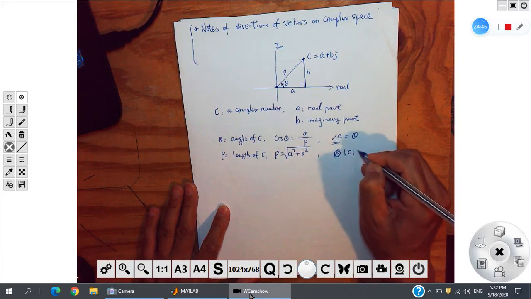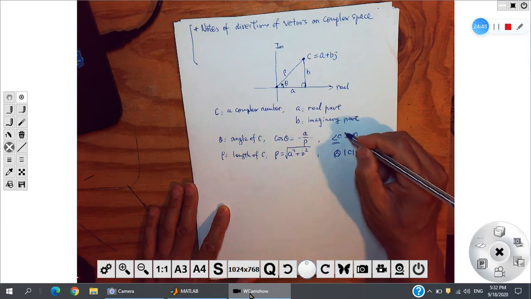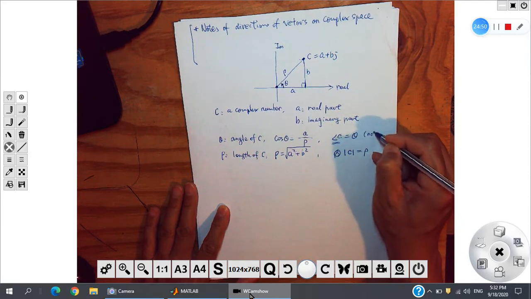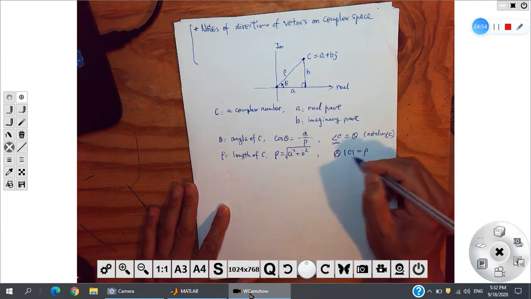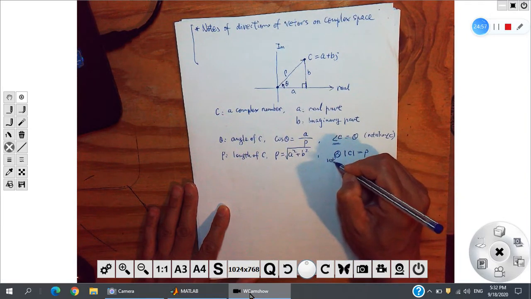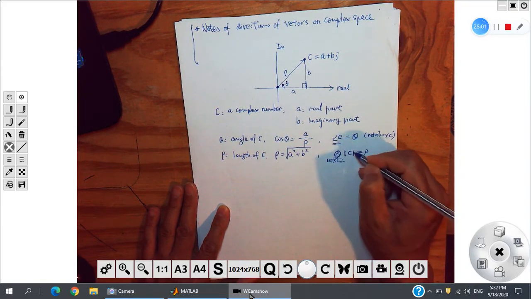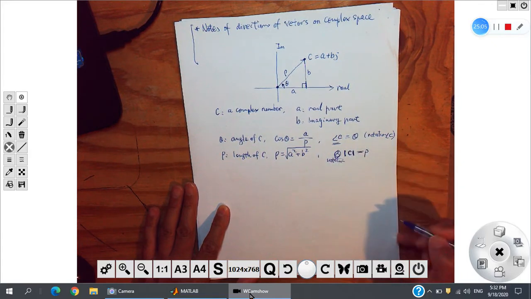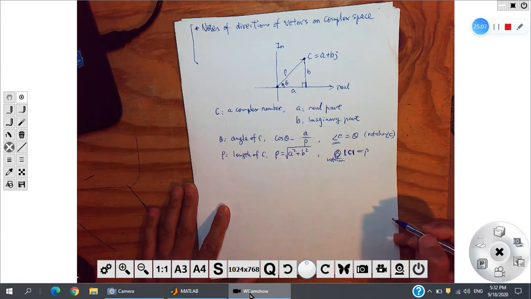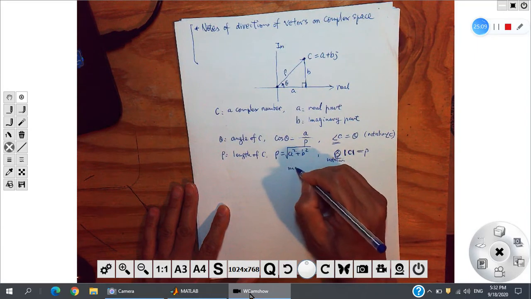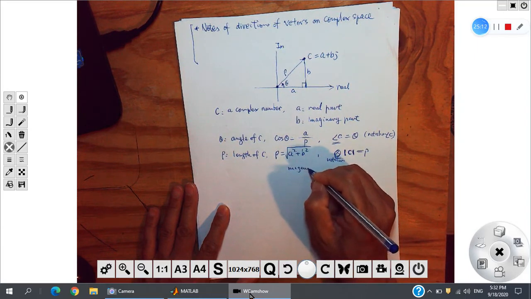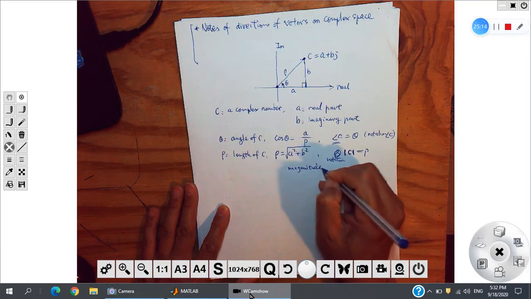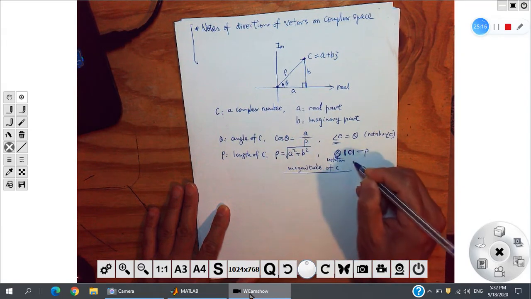This is the notation for the angle theta. This is the notation for the magnitude, or the length, of C, which is rho. The magnitude of C.